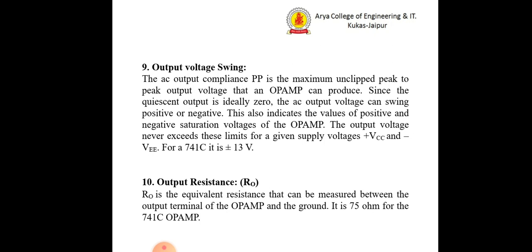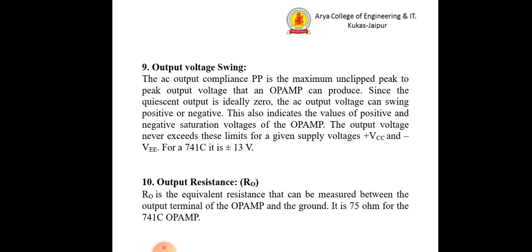This also indicates the value of the positive and negative saturation voltage of the op-amp. The output voltage never exceeds these limits for a given supply voltage, that is plus VCC and minus VEE. For a 741C, the output voltage swing can be plus minus 13 volt according to the value of supply voltages.